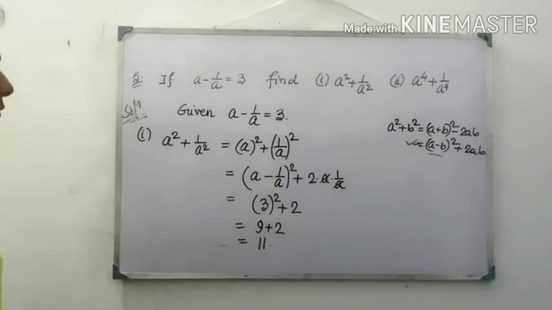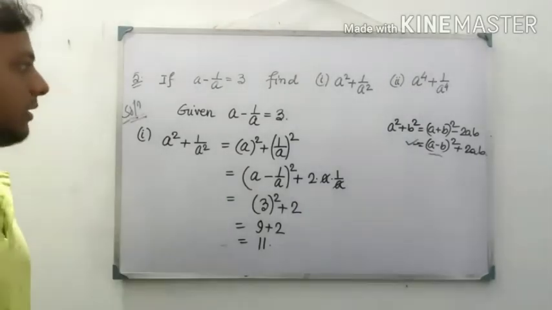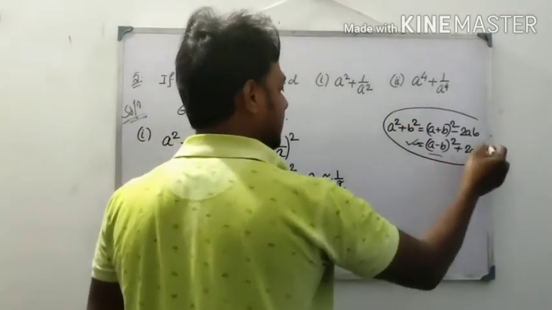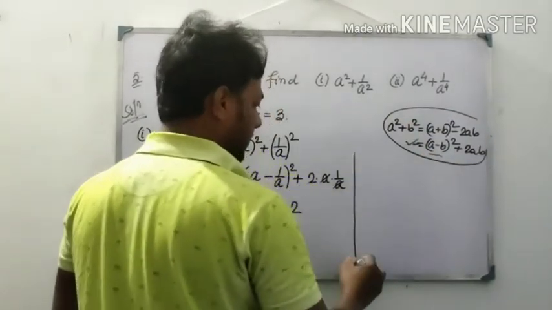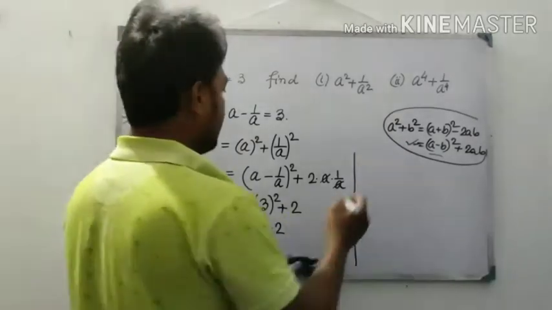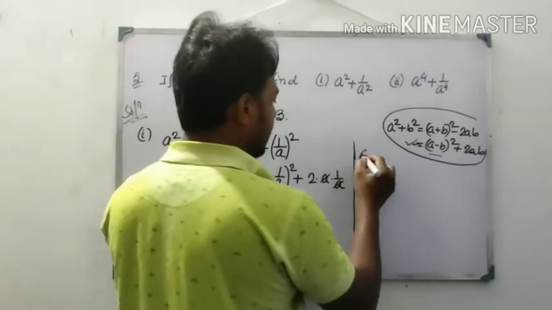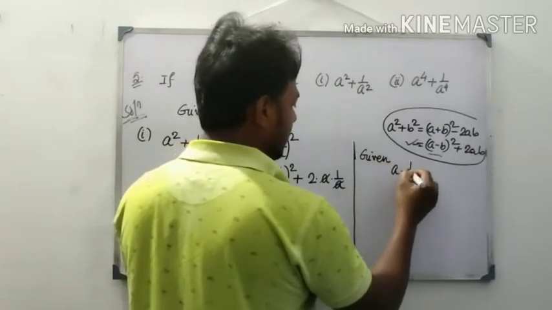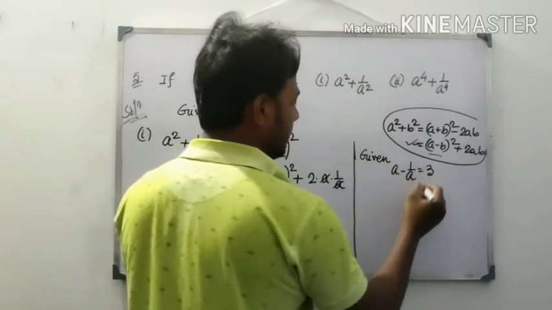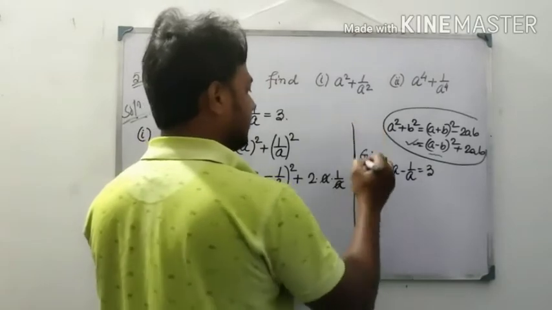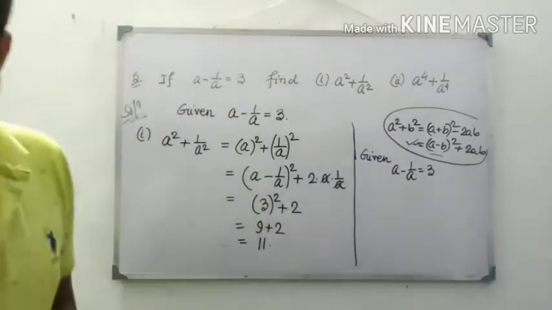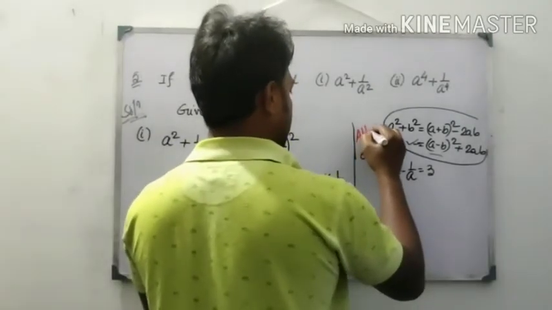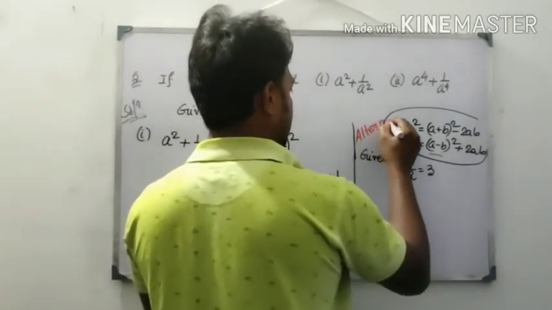Actually, we have another process also. We can solve this problem in another way without using these identities. How? I am solving here. Another process: given a minus 1 by a equals 3. This is the alternative way.